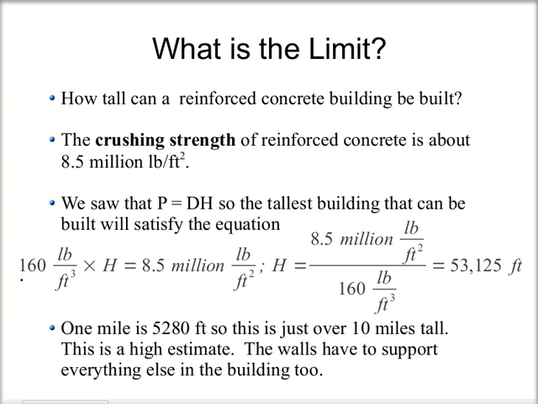The density of reinforced concrete is 160 pounds per cubic foot times height is going to be equal to the maximum pressure or crushing strength, which is 8.5 million pounds per square foot. So I'm going to divide both sides by my 160 pounds per cubic foot over here. So that will tell me what H is equal to.